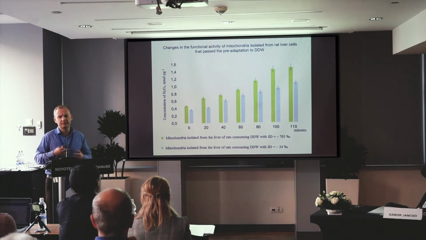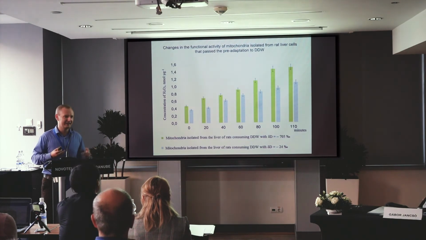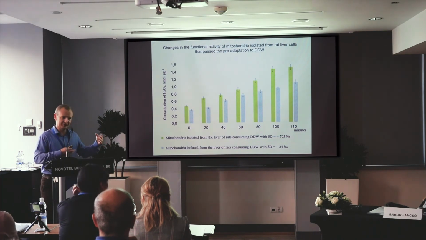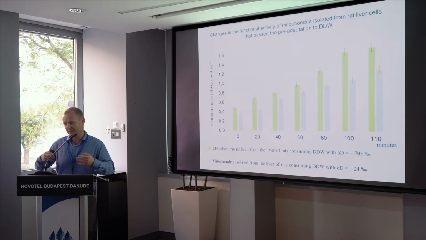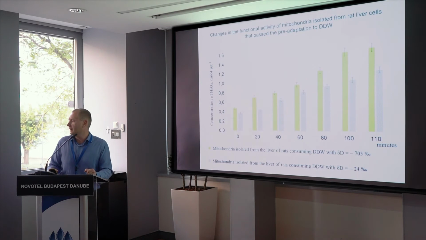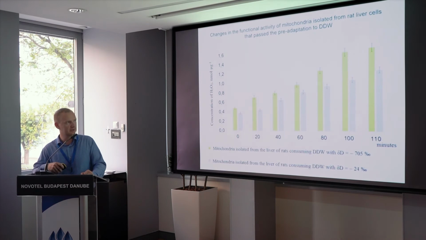We had different combinations, like mitochondria from deuterium-depleted rat but isolation in regular water and so on. But the most difference we saw was when the isolation was in deuterium-depleted water, and when the regular rats and isolation in regular water.